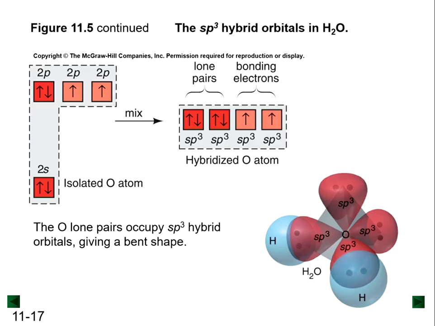Now, though, we have 6 electrons to put in here, so we must have 4 of them paired up, 2 lone pairs. We have 2 pairs of lone pair electrons and then 2 bonding electrons. Each of the individual bonding electrons can interact with the hydrogen 1s to produce a single bond.